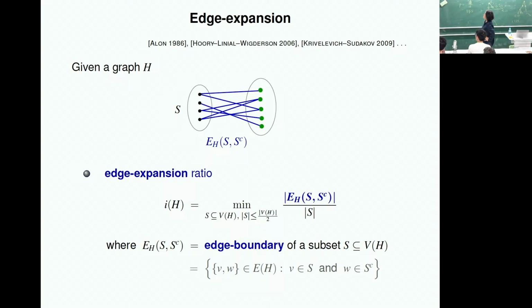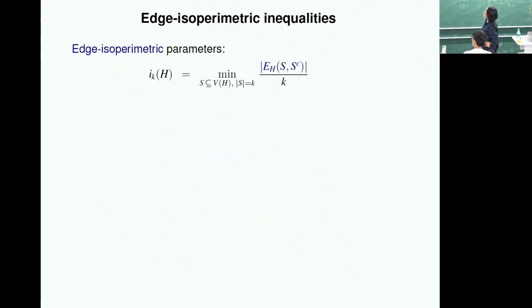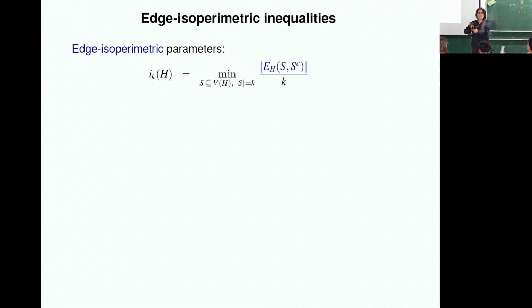What can we say about the hypercube? Is there any nice expansion property? The global expansion properties can be very bad. But if you restrict ourselves to sets of a given size, let's say K, then you can say something better, something more refined.